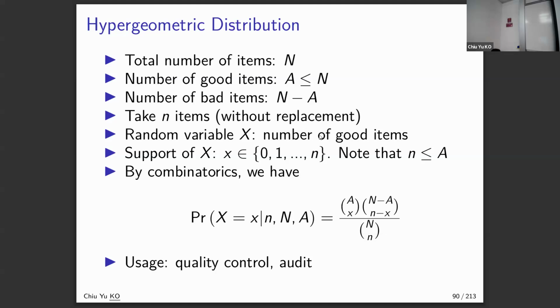For the numerator, it's a principle of counting: one is good, one is bad, so you do multiplication. The ways to pick the good ones are A choose x, out of A good things you pick x. And N minus A is the bad things, you pick n minus x out of the bad. So this is the formula.